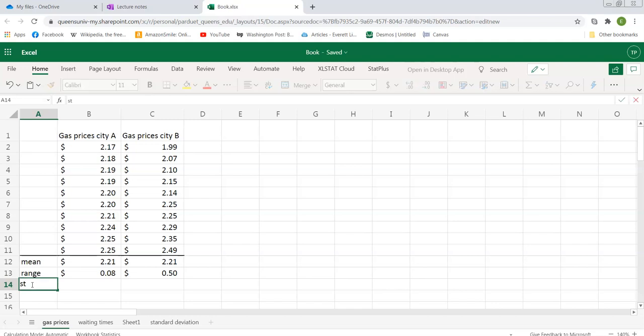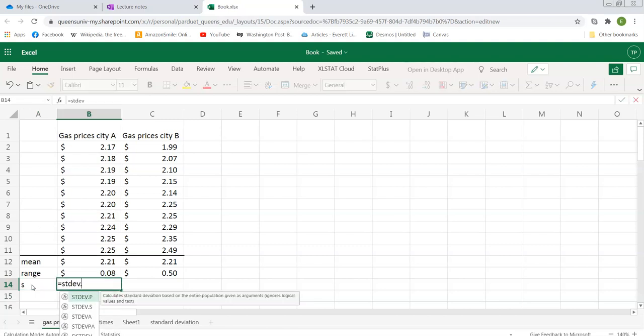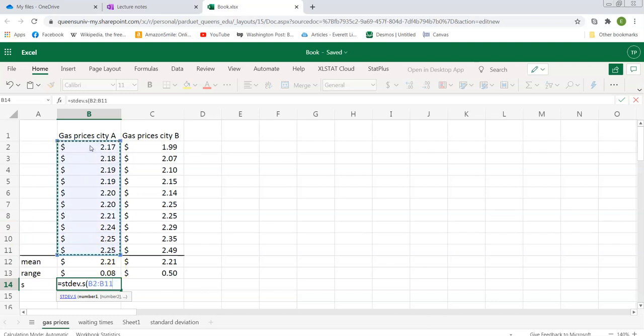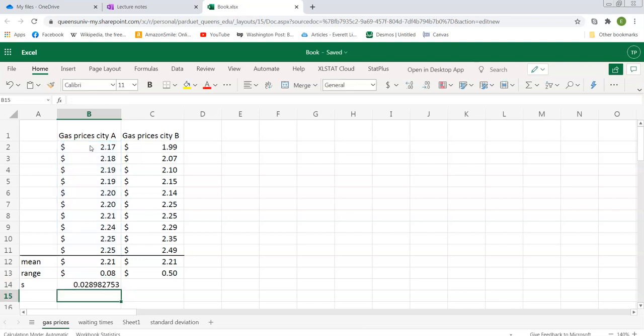So let's look at the standard deviation. So stdev.s, and we will highlight our data. Copy it over, and always make sure we're getting the right cells in there.